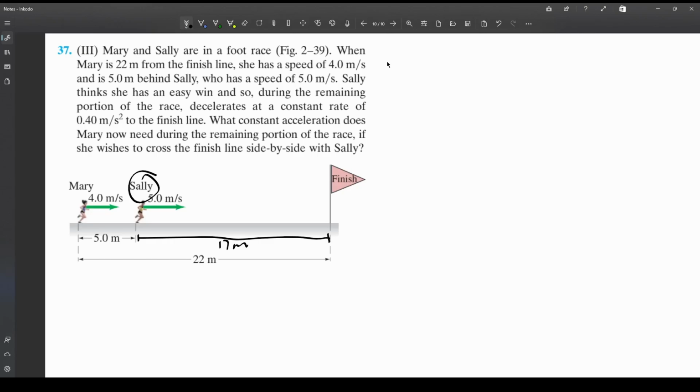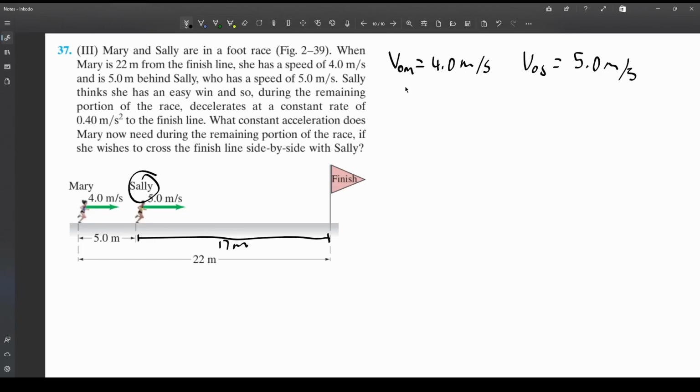So we know that Mary has an initial speed of 4 meters per second. Let's label this V naught M, 4.0 meters per second. Sally, on the other hand, V naught S is equal to 5.0 meters per second.